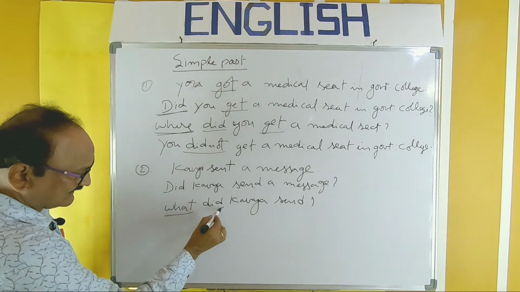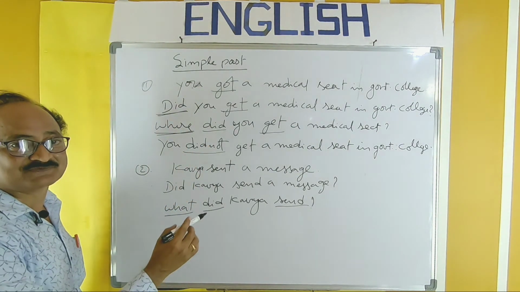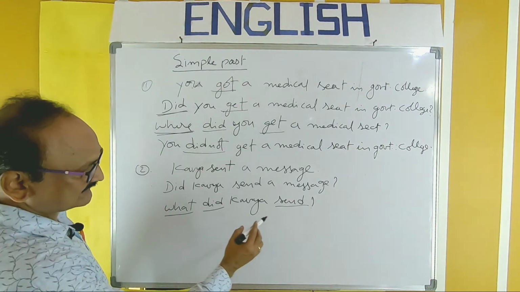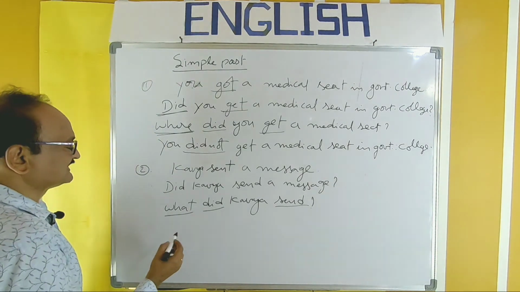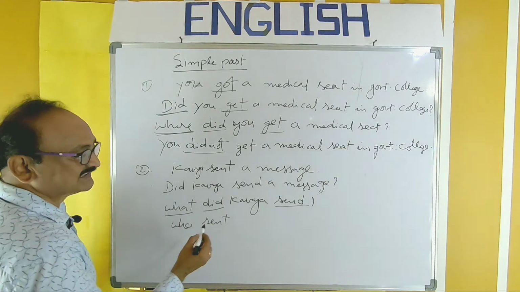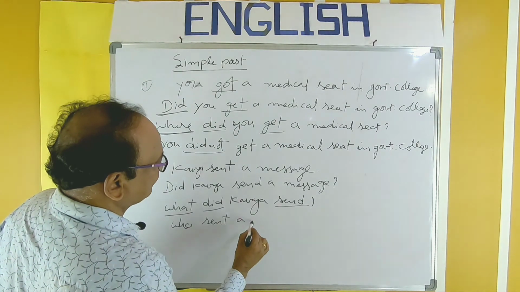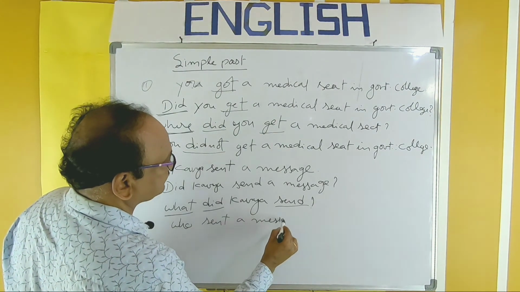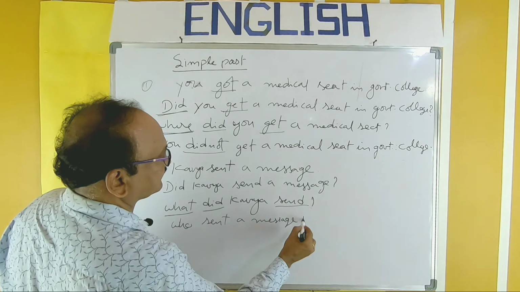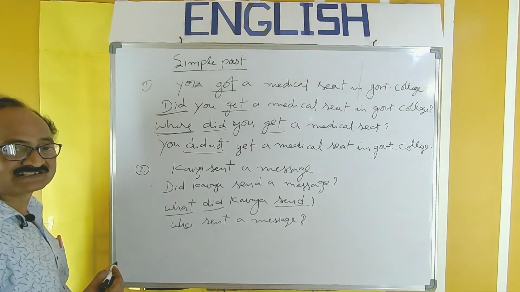So, what and again did. Remember the verb, present tense form only. What did Kavya send? And sometimes we use it like this also: who sent a message? Without did. It's also a usage. So, without using did also, we frame the start of a sentence.